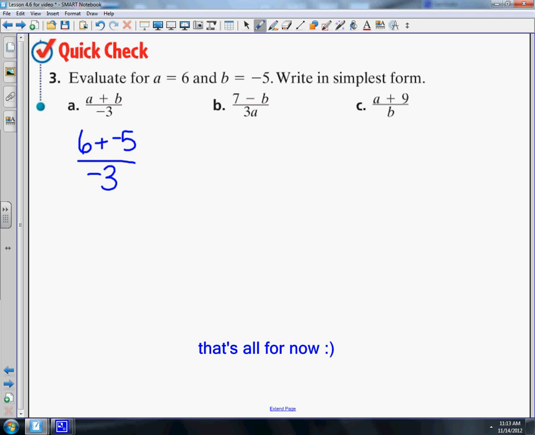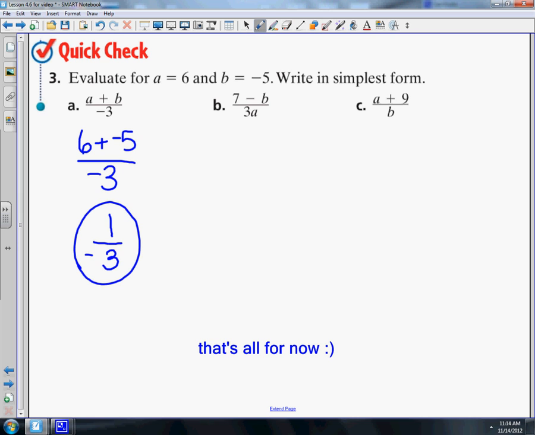So 6 plus negative 5 is 1 over negative 3, and then that is in simplest form. So it's just negative 1/3. Now, the 1 is positive and the 3 is negative, so that makes your whole answer just negative. You can put it there, or you can put it out front, or you can put it on top, as long as there's only one negative sign.